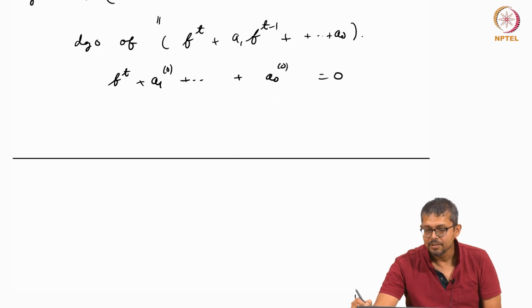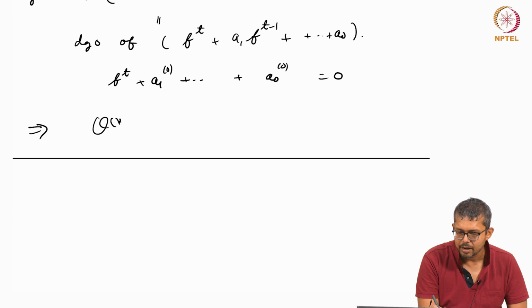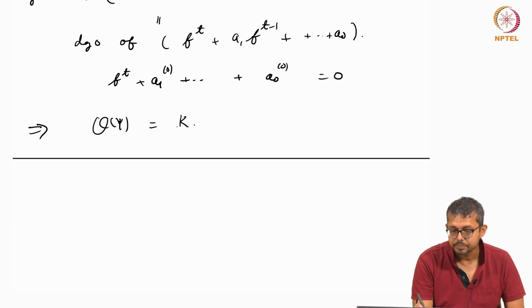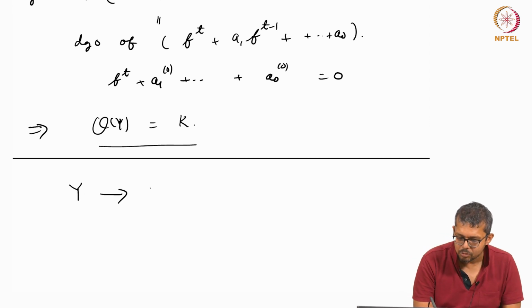Now this implies that for a projective variety, the regular functions O_Y are constants. So that means there are no maps from Y to affine space.